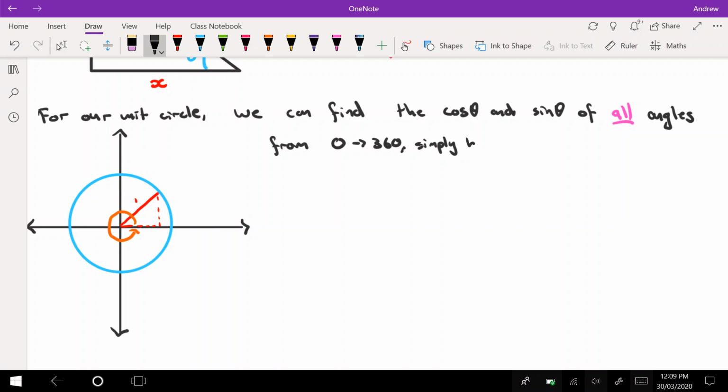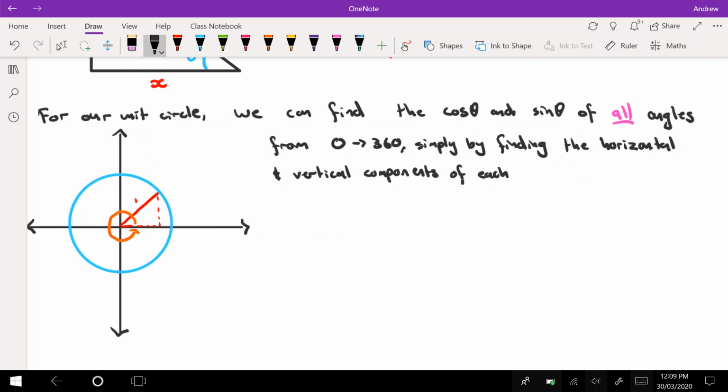Simply by finding the horizontal and vertical components of each degree.